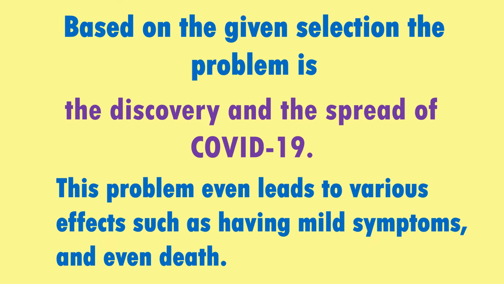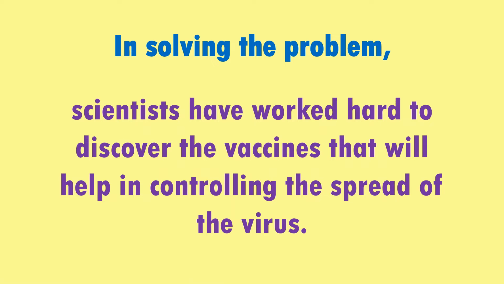This problem even leads to various effects such as having mild symptoms and even death. In solving the problem, scientists have worked hard to discover the vaccines that will help in controlling the spread of the virus.